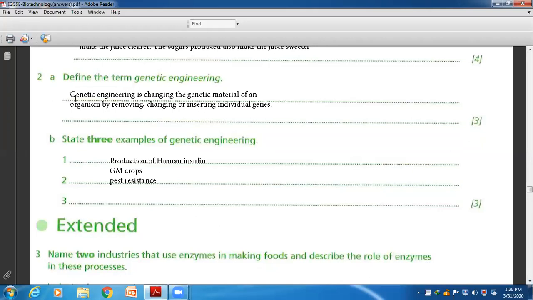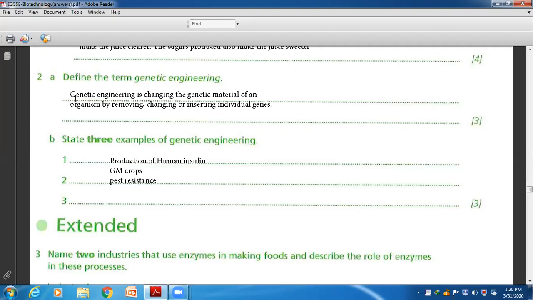Okay, so another question we have: state three examples of genetic engineering. The one example I told you already, that we can produce human insulin by genetically modified bacteria. Second, we can also make genetically modified crops.